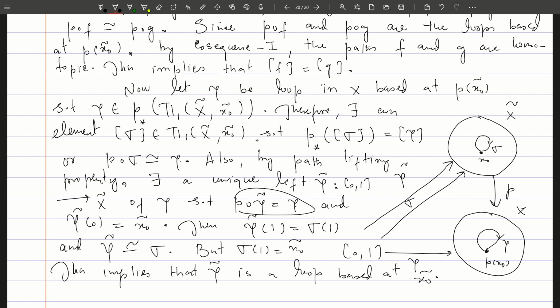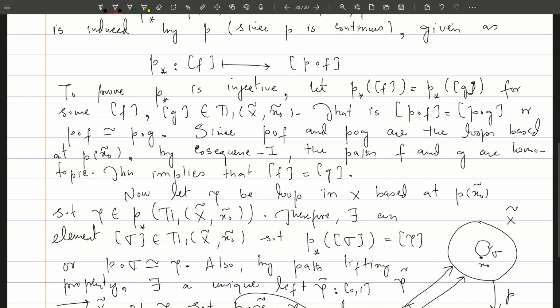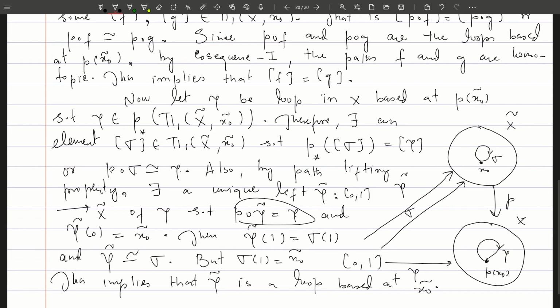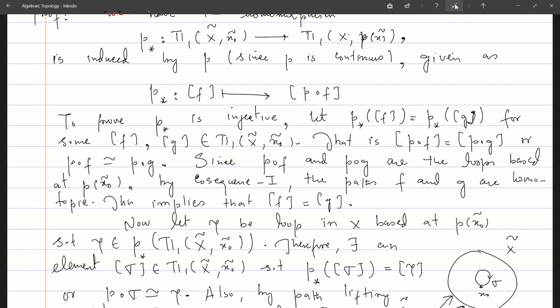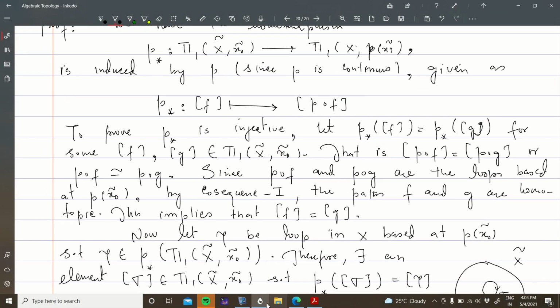That gamma tilde is a loop follows from the fact that gamma tilde and sigma are path homotopic. So, hence this gamma tilde will be a loop based at x naught tilde.